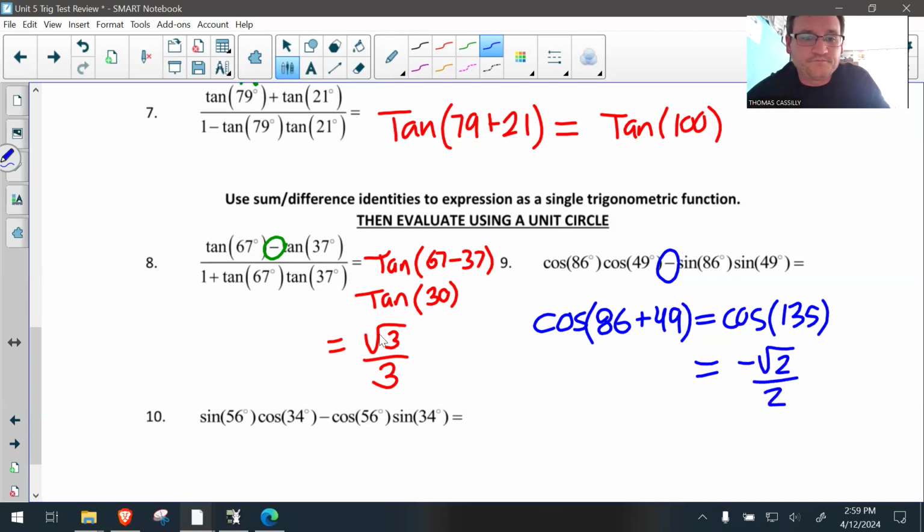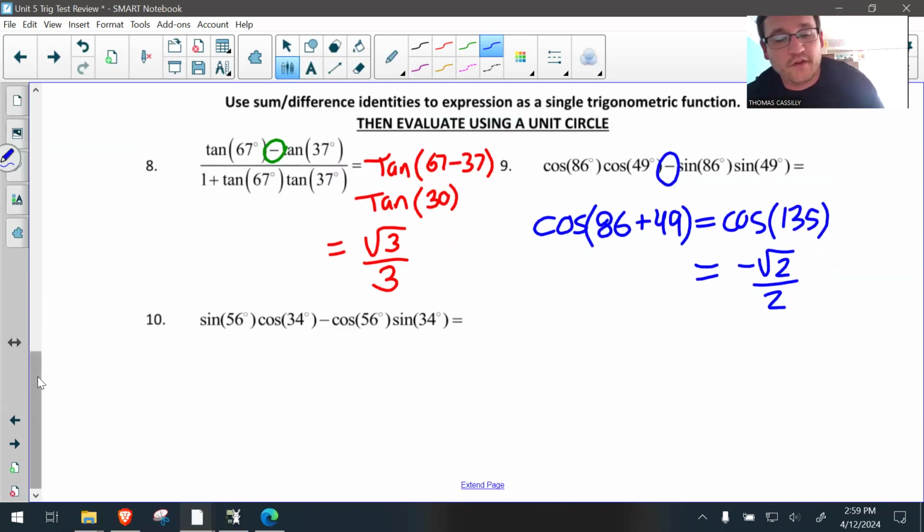And that one's done. And then last but not least, we're going to have sine. Of course, you got to have sine. So with sine, the middle sign matches on this one. So we're going to have the sine of 56 minus 34.